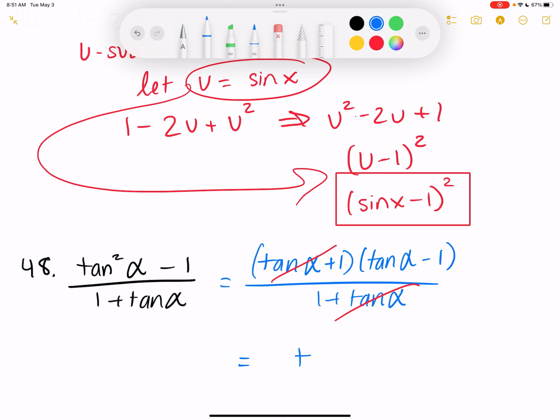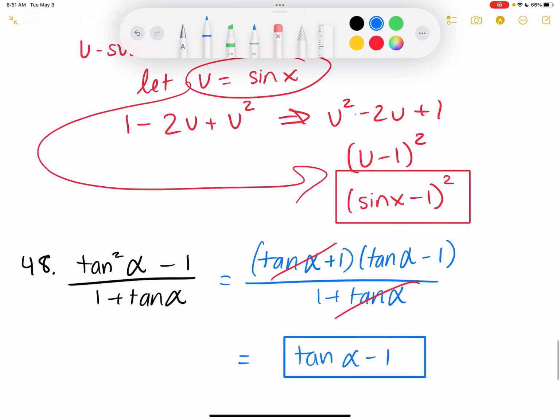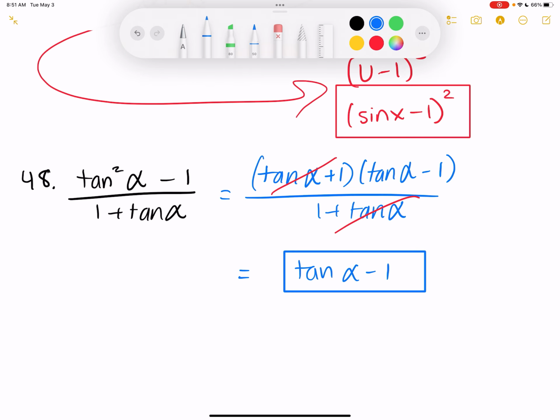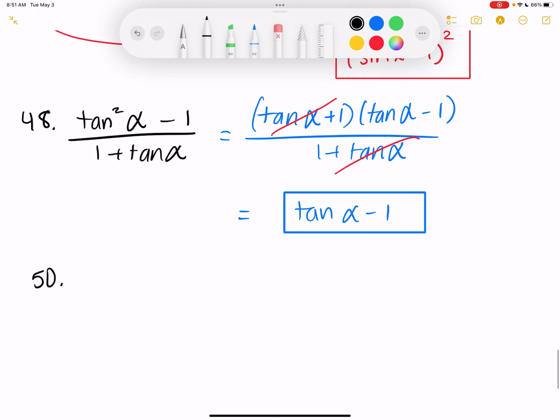So then I'm just left with tangent of alpha minus 1. If you can't draw the Greek letter, I would just pick another letter. That one, the Pythagorean identity didn't work, but it is definitely possible, so you always need to check them and make sure, because it will make life a lot easier if it does work.